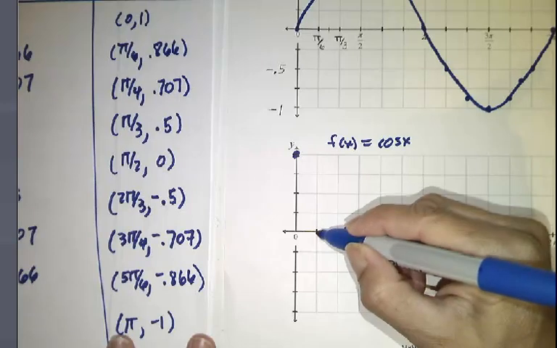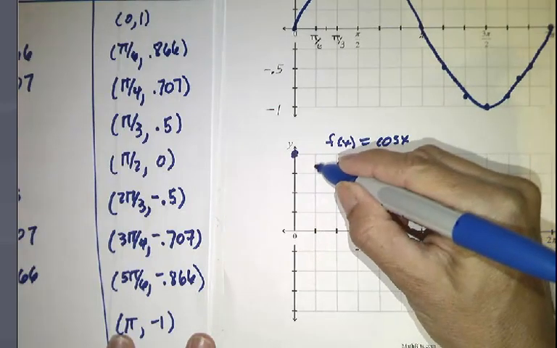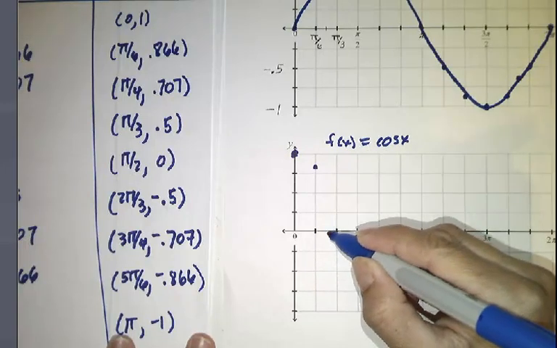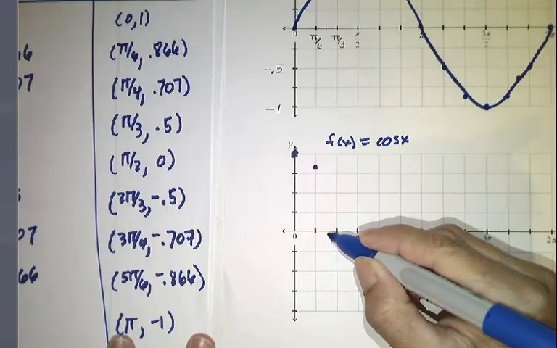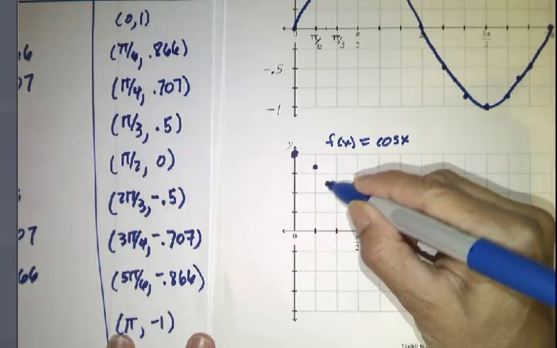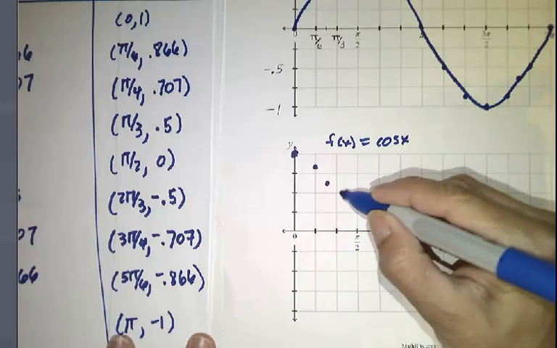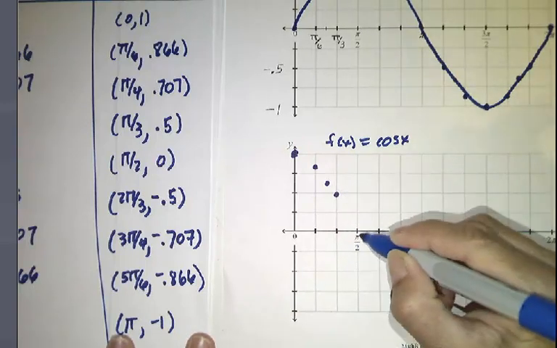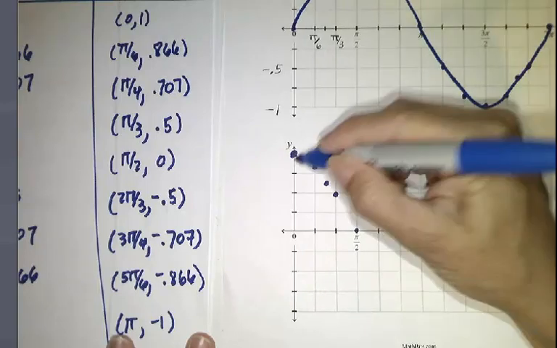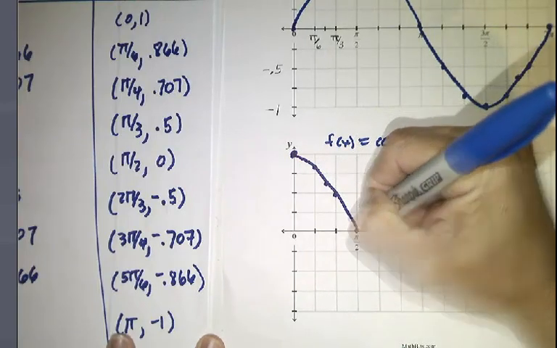Then pi over 6 will get mapped to about 0.866, which sits up about here. Pi over 4 will get mapped to 0.707, which sits somewhere about there. Pi over 3 gets mapped to 1/2, and pi over 2 gets mapped to 0. So in this first quadrant, we have this curve coming down.